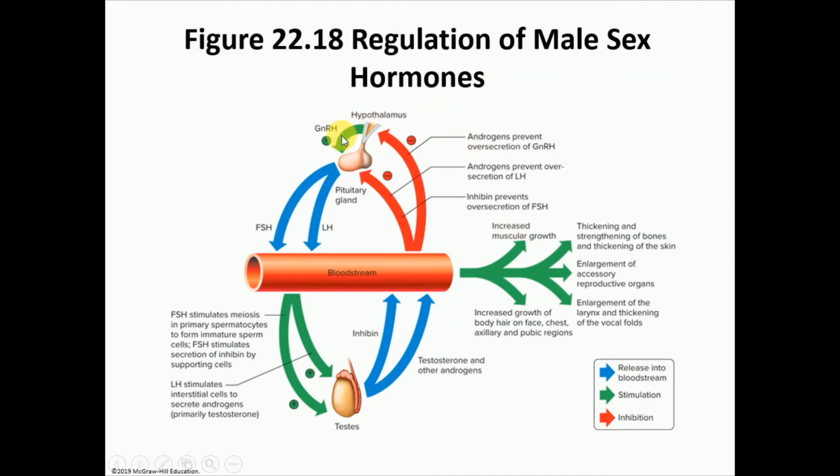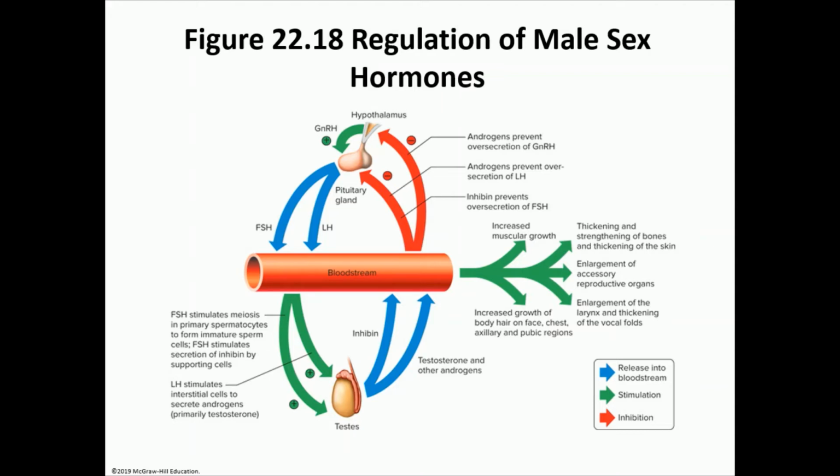So your hypothalamus secretes gonadotropin-releasing hormone that stimulates the anterior pituitary to make both FSH and LH. Now, FSH through the bloodstream will reach the testis, and it'll stimulate the whole process of spermatogenesis. FSH, which stands for follicle stimulating hormone, in females will stimulate the process of making the mature egg.